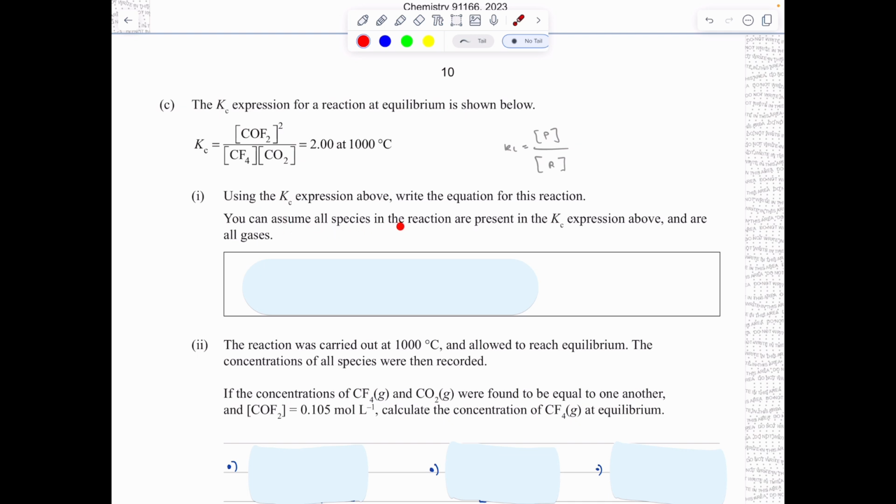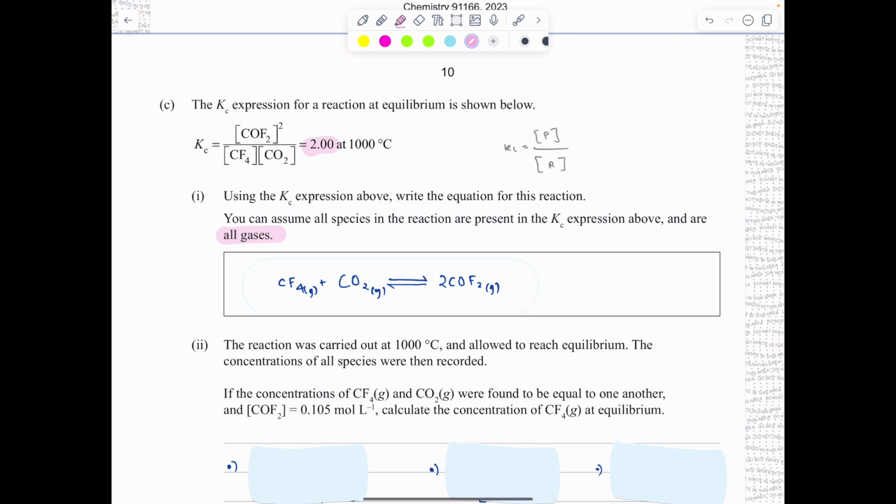You can assume all species in the reaction are present in the Kc expression above and are all gases. Okay, I will highlight that. So let's write an equation for this reaction.